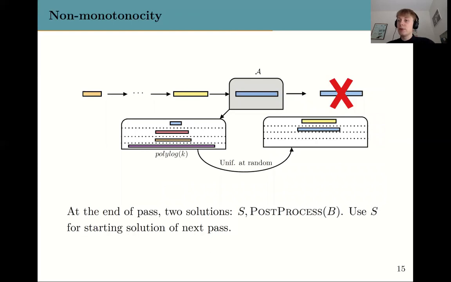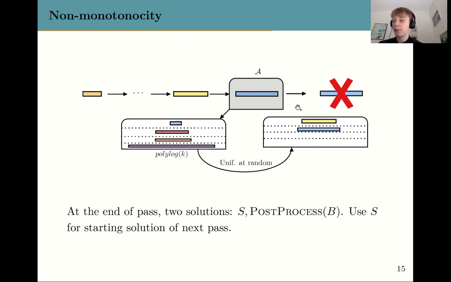At the end of the stream, you have two solutions: the one that is the local search, but you also need to post-process the buffer because there might be elements that are still in the buffer. But actually, the non-monotone case reduces to the monotone case, in that the local search solution is still maintained throughout the stream.